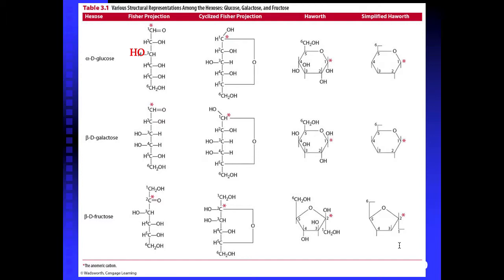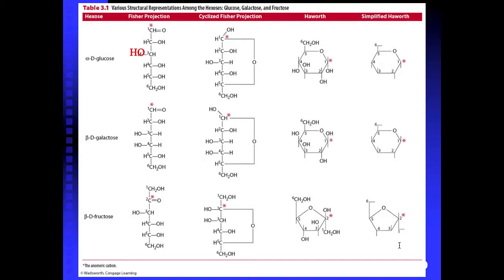If the attack happens when this oxygen is on the other side, it's going to be up. In other words, the hydroxyl group that's going to be left there can be either up or down.